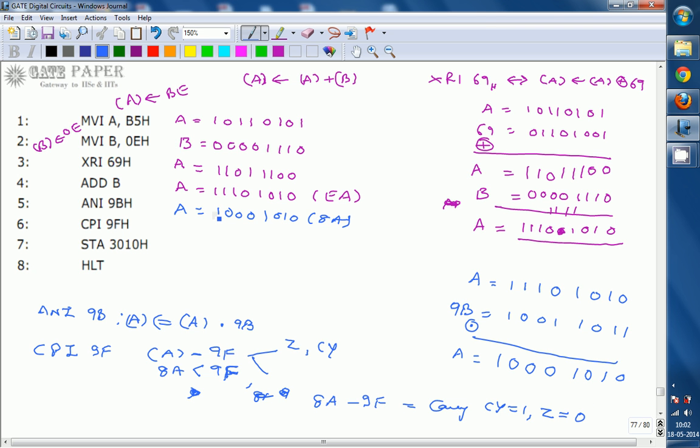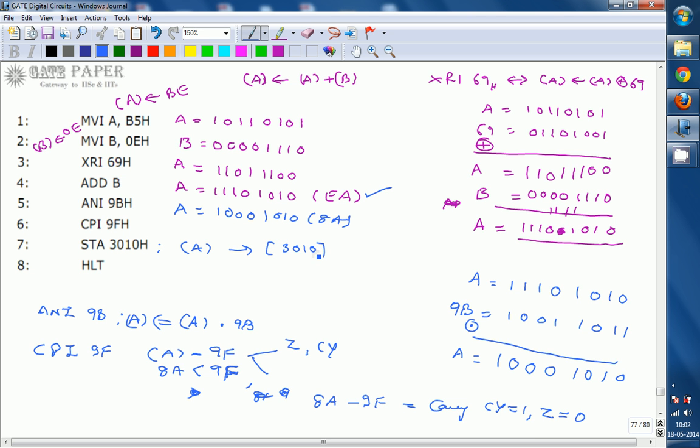These are going to be the answers. After the 4th instruction the accumulator contents are EA, and after the 7th instruction the values are going to be CY 1, Z 0. The STA instruction doesn't modify the flags; it will simply copy the contents of the accumulator into the memory location 3010.